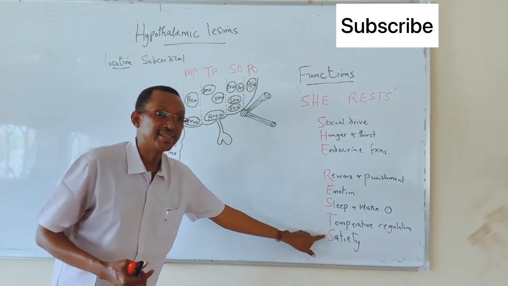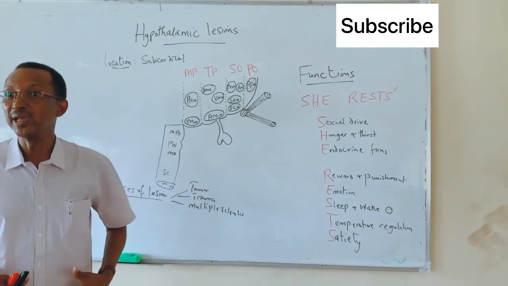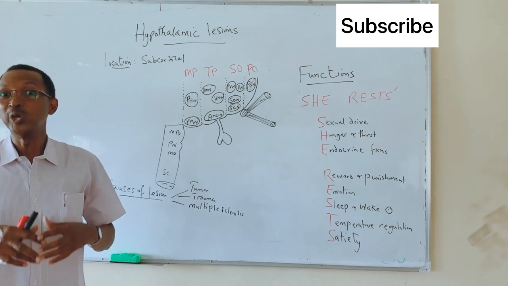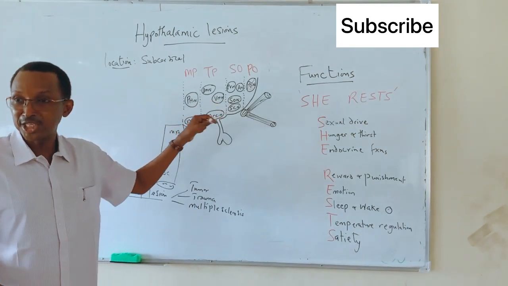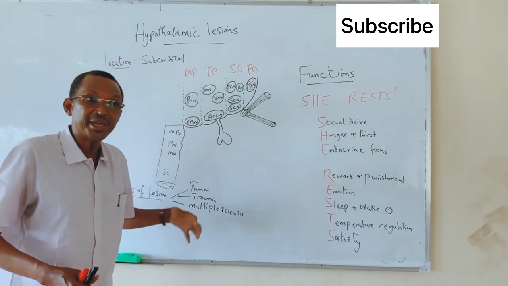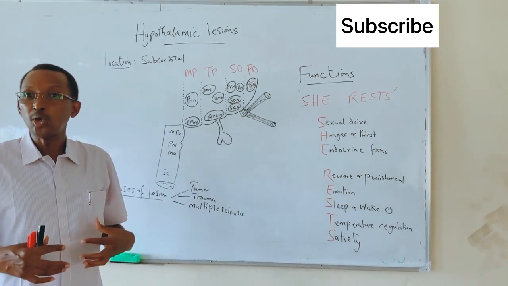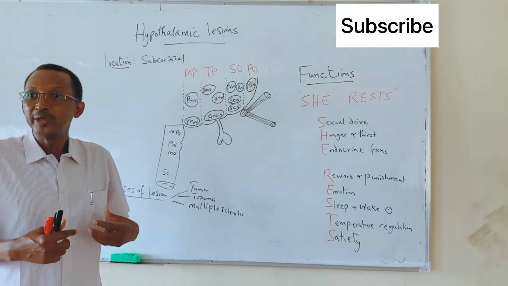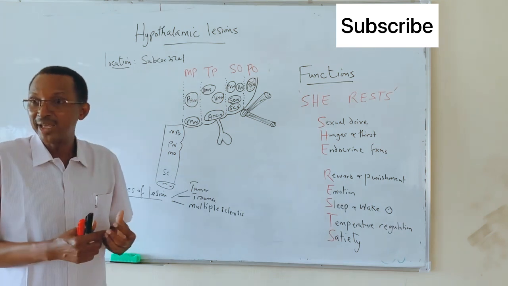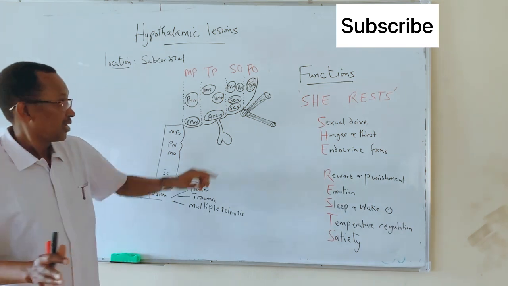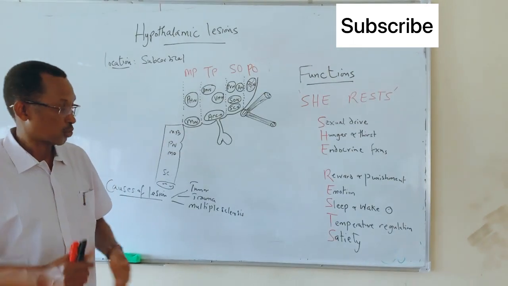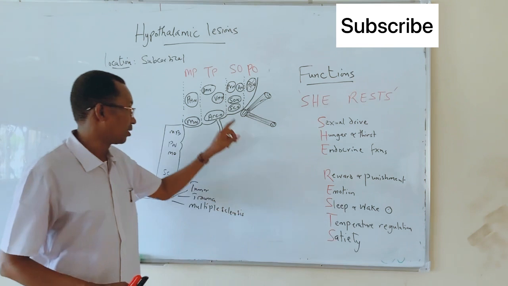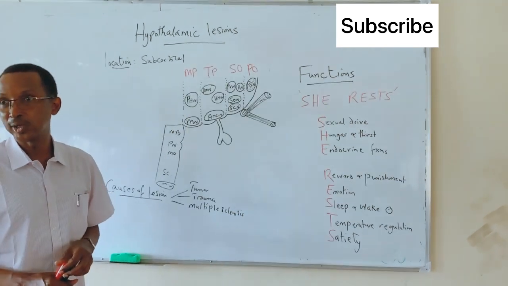When you eat food, you feel okay, and then you don't eat any longer. It is this nucleus that is responsible for the release of hormone that controls your eating. So satiety is being regulated by this nucleus.